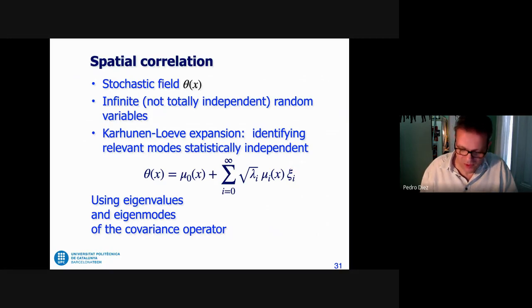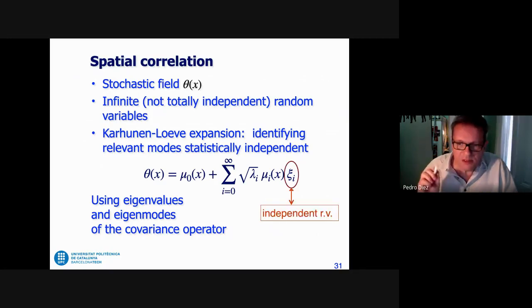So all the randomness of this expression lies in the xi's, which are independent. In the different terms of the sum, the xi's are independent. And of course, as we do in PCA, we are going to use the eigenvalues and eigenmodes of a covariance operator.